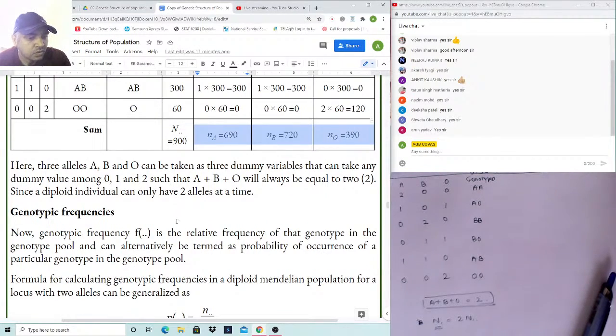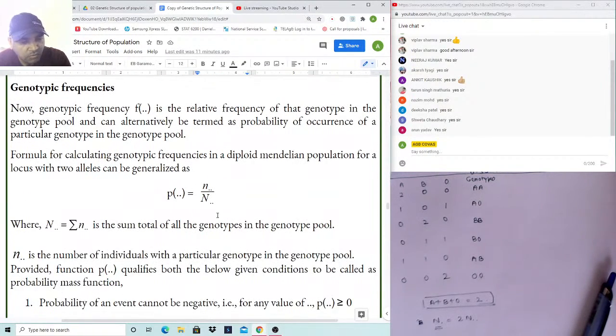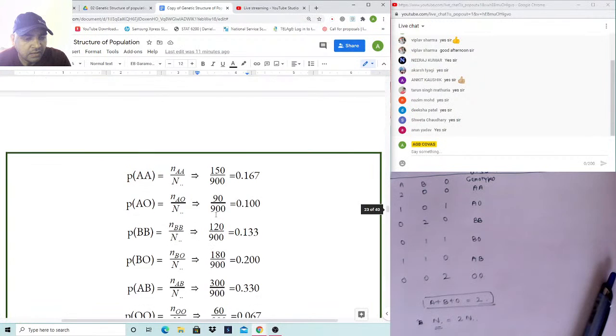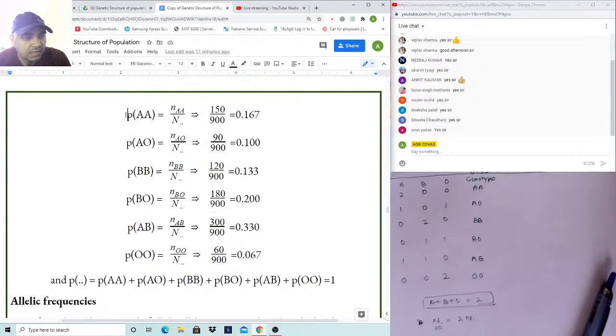The different genotypes can easily be calculated using their relative proportion in the population. Every genotype's number of individuals has to be divided by the total number of individuals, and this is how you get all the genotypic frequencies. When you add all these genotypic frequencies, you will get one.